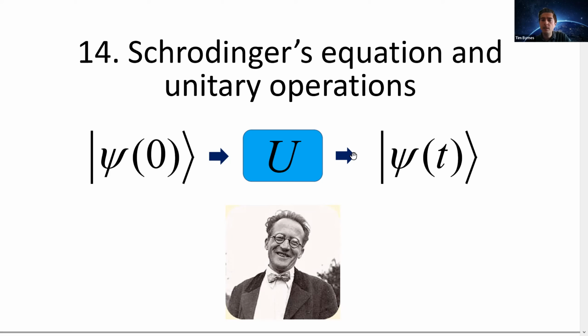Normally, the way people present Schrodinger's equation is by a differential equation and using a wave function. But in this course, we're not really going to use any scalar wave function. We're only going to use these vectors as we've got here.